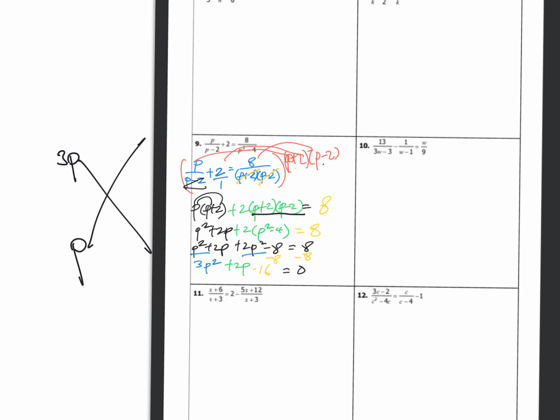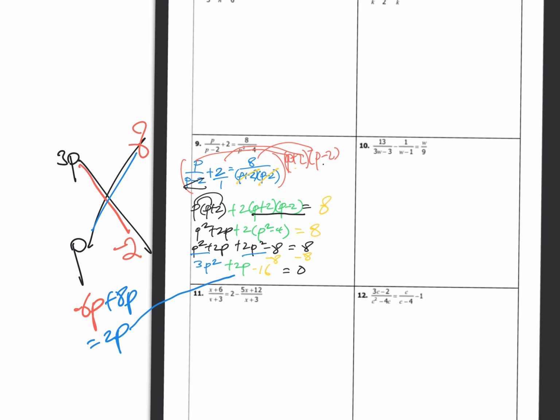I think it might be 8 and 2 here. Let me try something. What if we do 2 and 8? It has to be negative, right? So negative 2? Let's check. 3P times negative 2 is negative 6P. And then 8 times P is plus 8P. And that is equal to 2P. Oh, perfect. So that matches up right there.